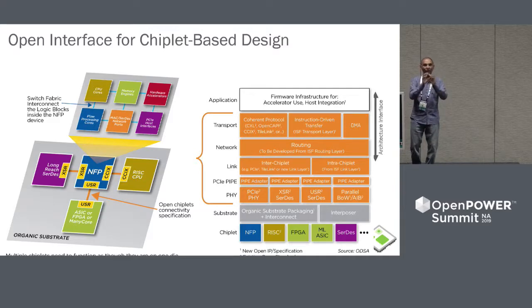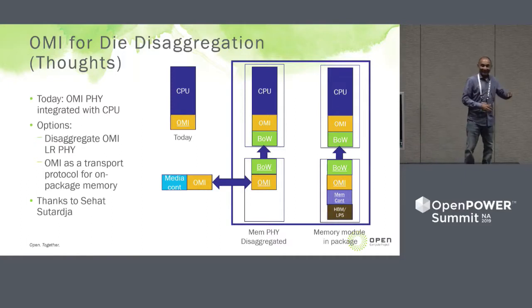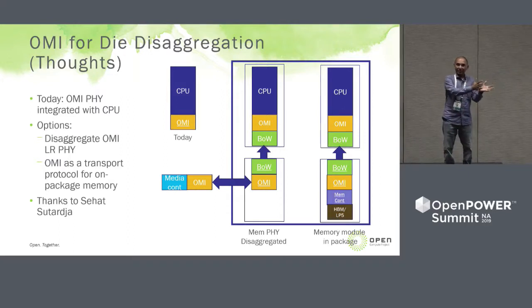And so if you can move that to a chiplet, then you can have one single chiplet which can be shared across multiple designs. So what we're speculating, and this is absolute speculation, is that if you had your CPU generating native OMI traffic of some kind, just like we ported PCIe to a short reach interface, whether it's BoW or Candle's USR, so it was there.